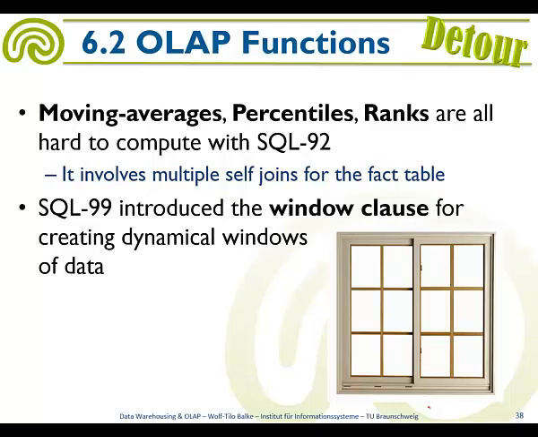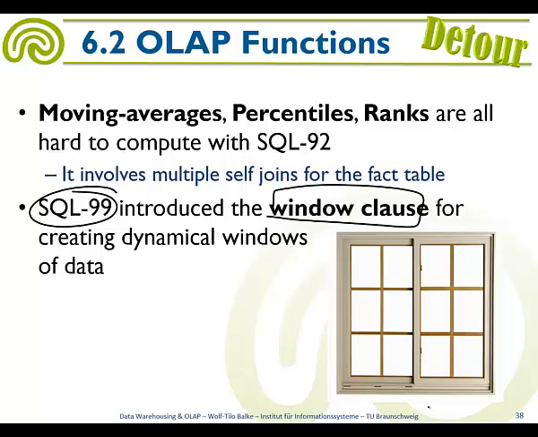And that's why when they created the SQL 99, well, they thought of these, let's call them shortcomings, and they tried to introduce new operators, new clauses that would make life simpler, that would make things easier to get these results. And the basic clause that I'll talk about in this detour is the window clause.